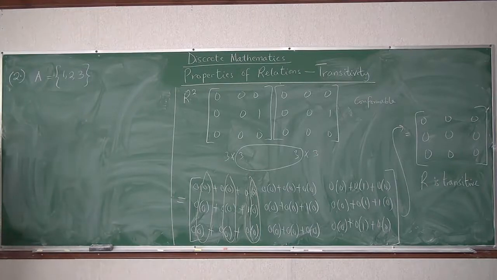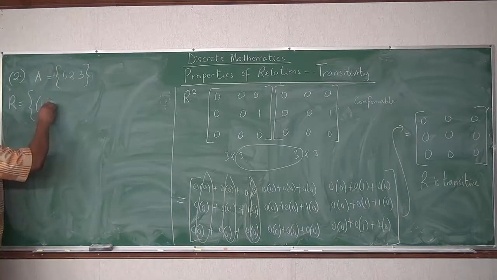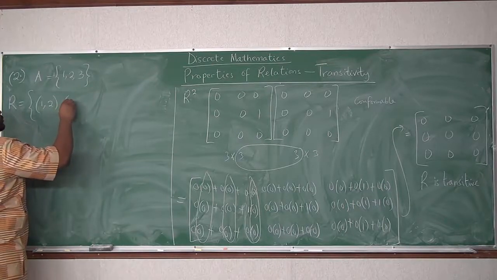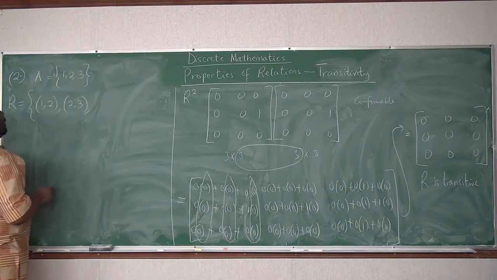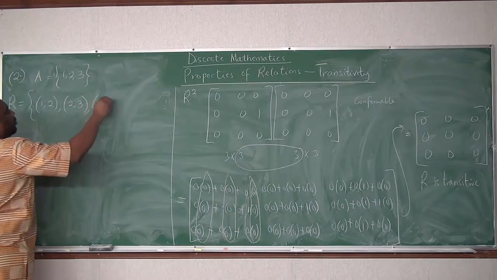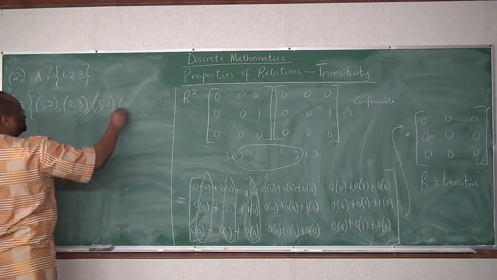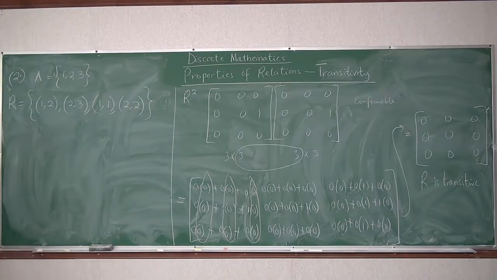So let's say the relation we have here is 1, 2, 2, 3, 1, 1, and 2, 2. Look at this for a moment, folks.